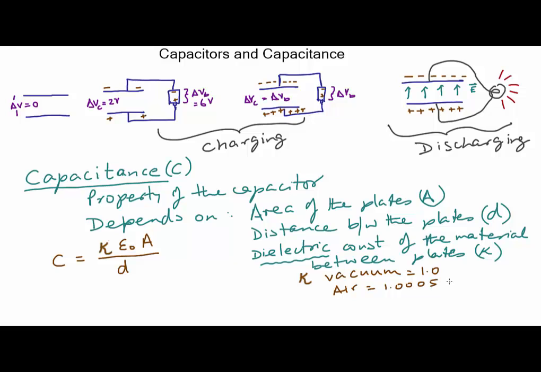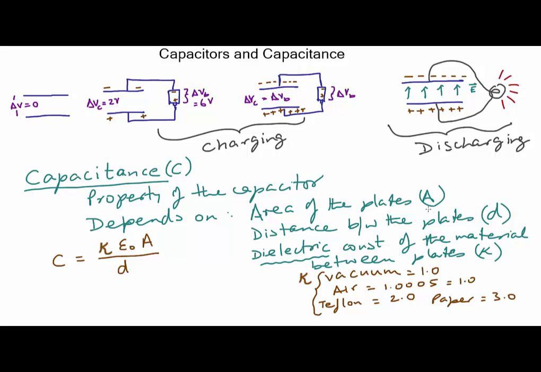And for all practical purposes, we will use just 1.0 for air as well. And to give you a couple more examples, Teflon has a kappa of 2.0, paper has a kappa of 3.0, and so on. So kappa is a number that's either 1 for vacuum or a number greater than 1 for other insulators. So the higher the dielectric constant, the higher the capacitance.